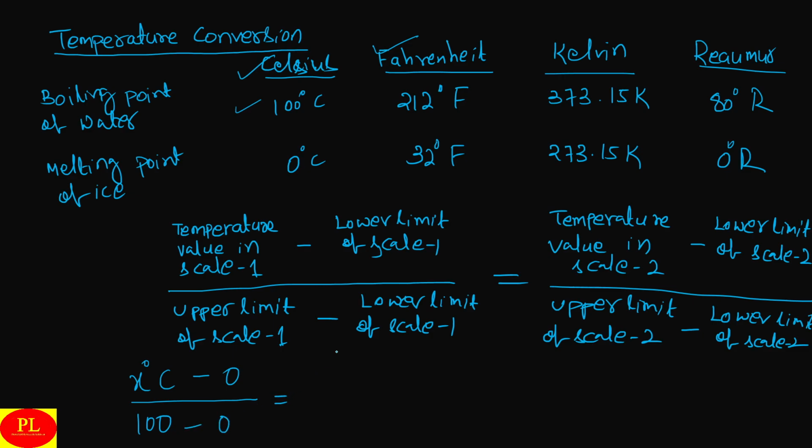This is equal to temperature value in scale 2, let's say it is F, F minus lower limit of scale 2 is 32, and upper limit of scale 2 is 212, minus lower limit of scale 2. So in this way we are going to convert the temperature.